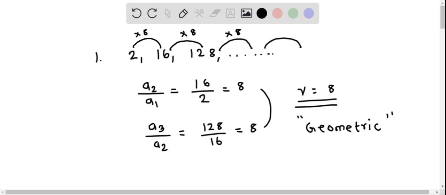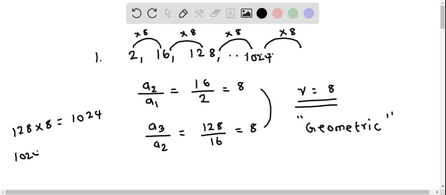and so we have to do 128 times 8, and this gives 1024. And so I can put 1024 here, and once again to find the next term we have to multiply this 1024 with 8.